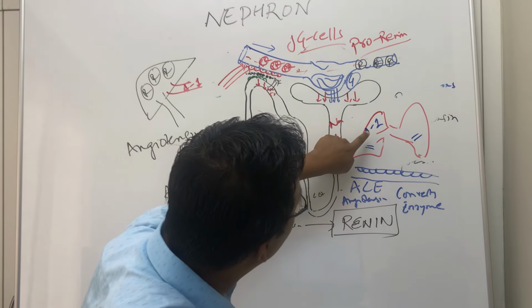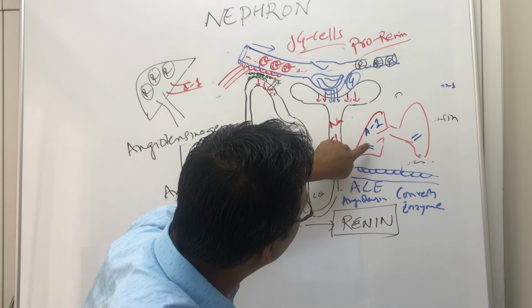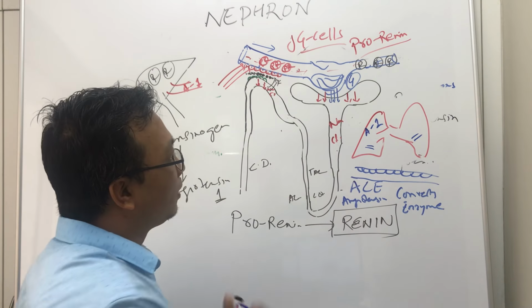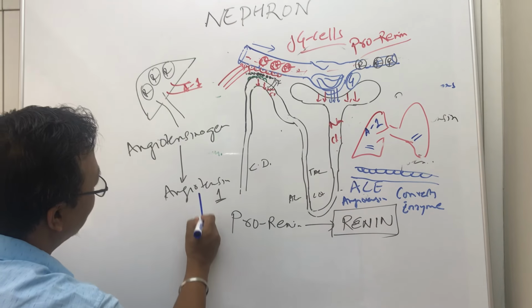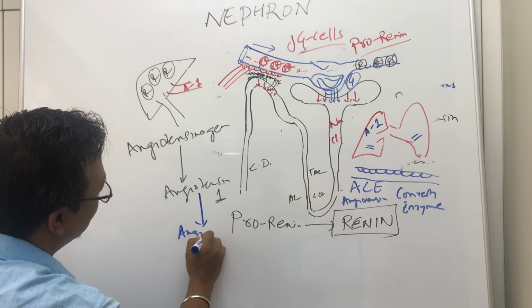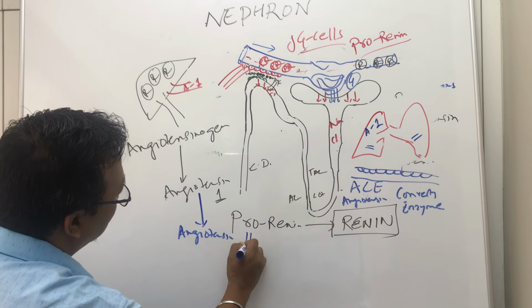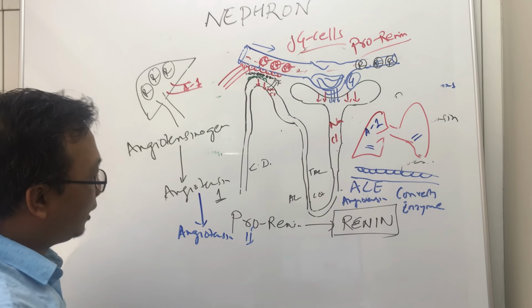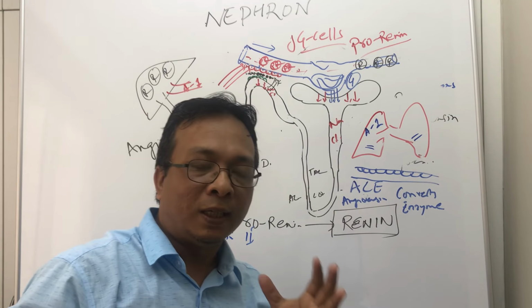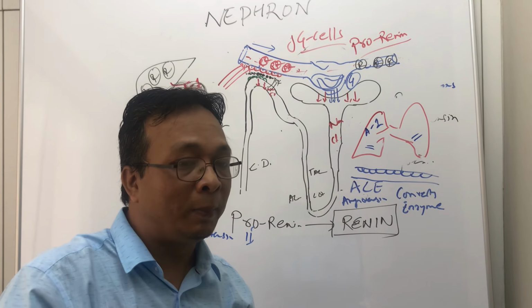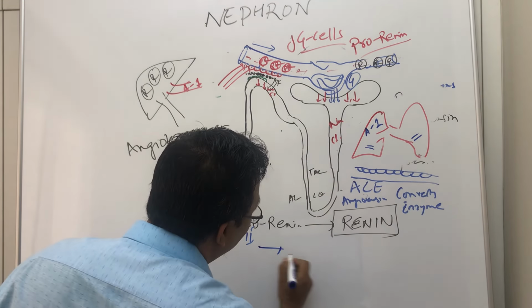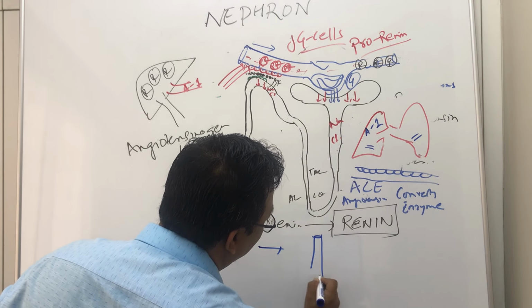Now when this A1 reaches the blood of the lungs, this ACE enzyme will convert A1 into A2, angiotensin 2. Now this angiotensin 2 has a special capability: it can constrict the blood vessels.